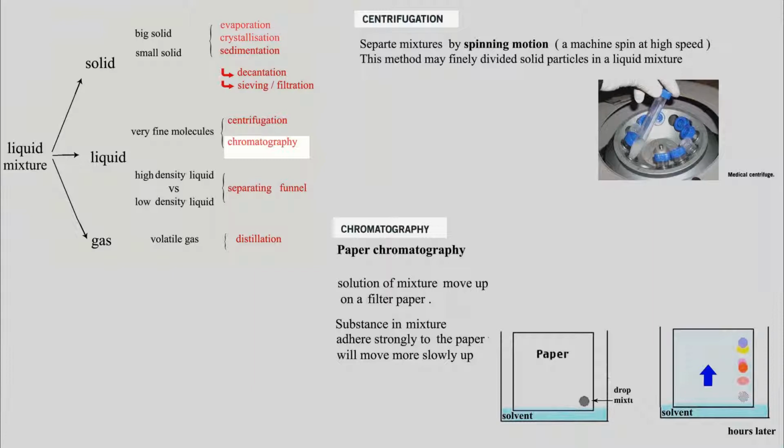So it turns out that a block of ink is made of 1, 2, 3, 4, 5 different colorings. So this way, by paper chromatography, you can separate out the color dyes.